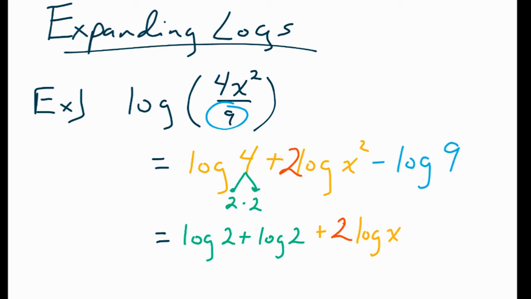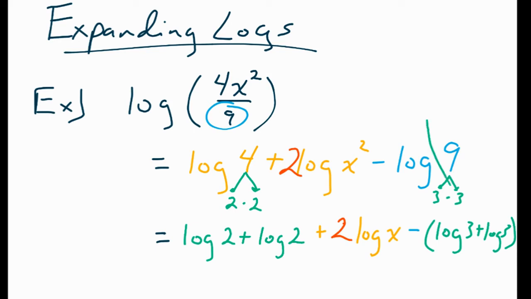But what about this 9? Well, that's correct. That can also be broken down into two prime factors that are multiplied together. And remember, whatever is multiplied together can be turned into a sum. Now watch carefully here, because I need to make sure I use parentheses, since the original log of 9 was a subtracted log of 9, so now both of these logs have to be subtracted.